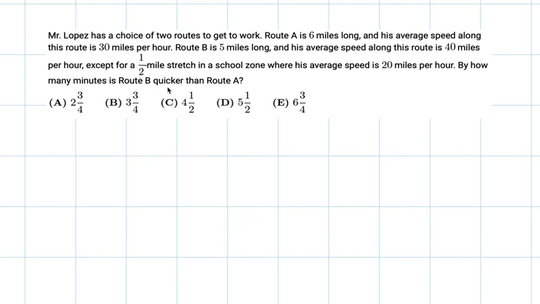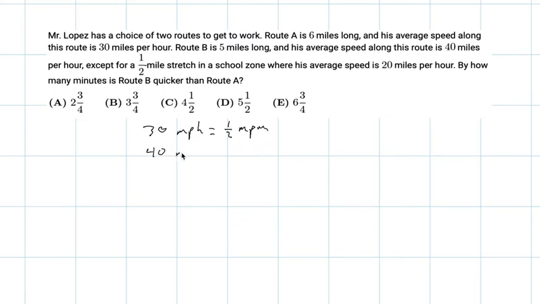So we want to convert these miles per hour into miles per minute. We can start with 30 miles per hour. That is the same as 1/2 mile per minute. And we can do the same with all the other measures.